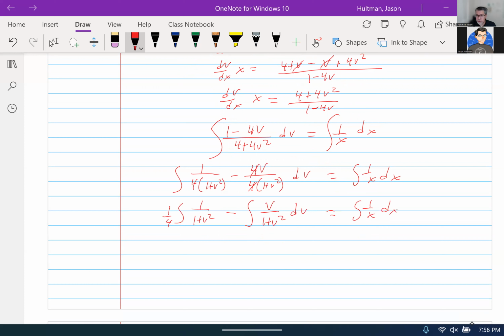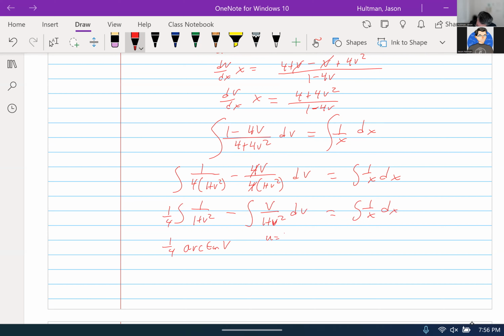So we've got three integrals here that we need to integrate. The first one, if you remember back to calculus class, is the arctangent. So this is 1/4 the arctangent of v. The second one, because I have a v up top and a 1 plus v squared on bottom, is just a u-sub.